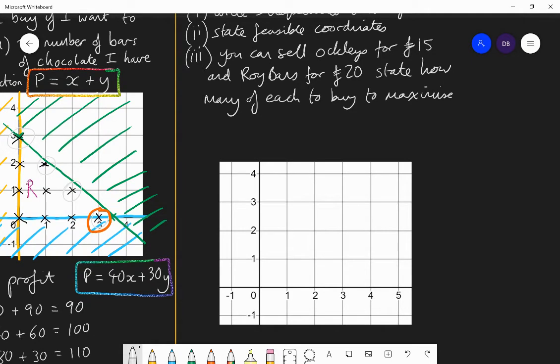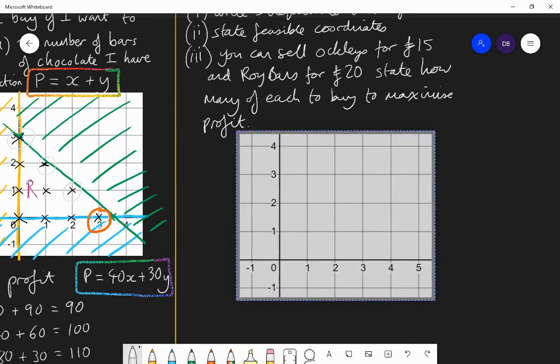So you should write down what your profit function is, what your objective function is that you're trying to maximize, and you should show clearly which of the coordinates gives you that maximum profit, okay?